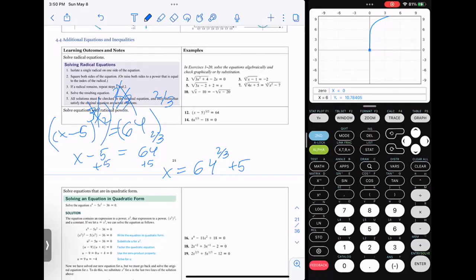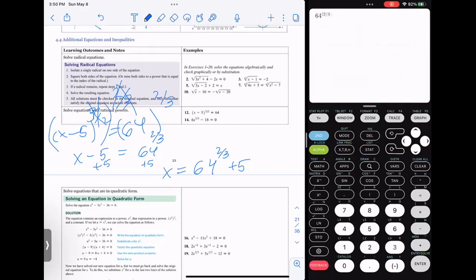If I put x equals 69 and 2/3, it would be wrong, because you can't combine those. They're not like terms. You have to do 64 to the 2/3 to get a number and then add those together.